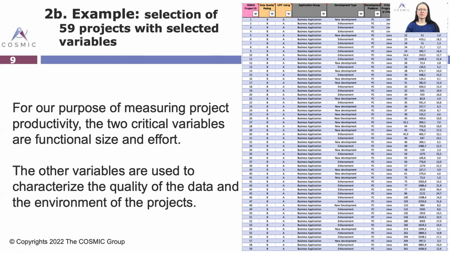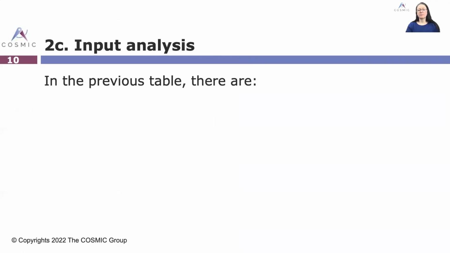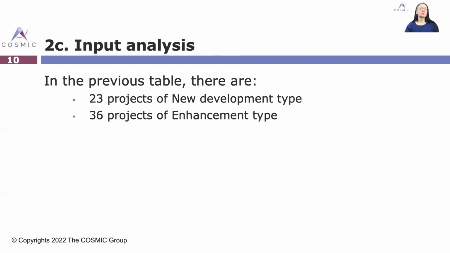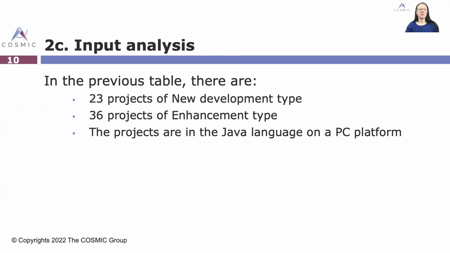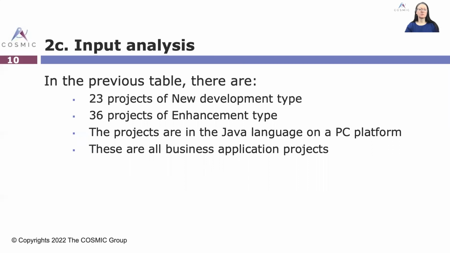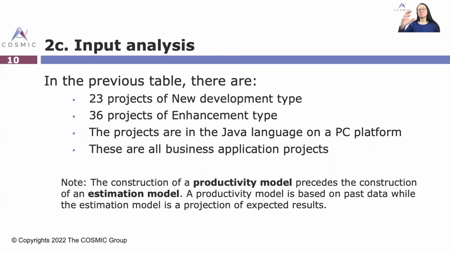Then let's look at some analysis of these inputs. Well, what we have there is 23 projects of new development type and 36 projects of enhancement type. The projects are all Java on PC platform, all business application projects, because we want to minimize the variables.